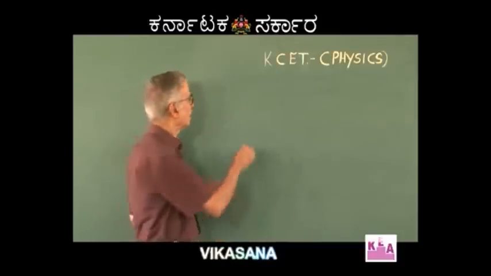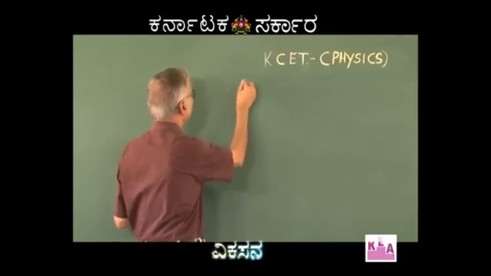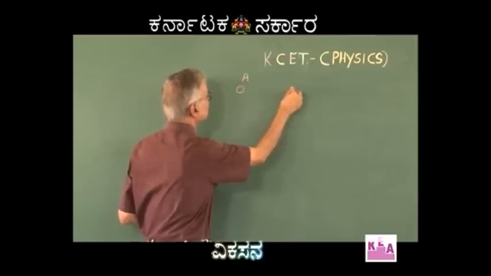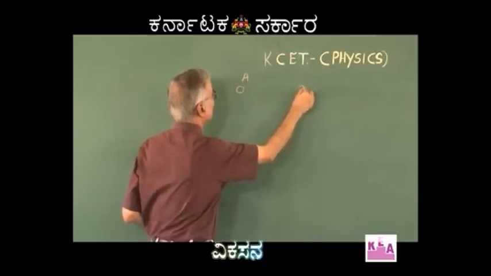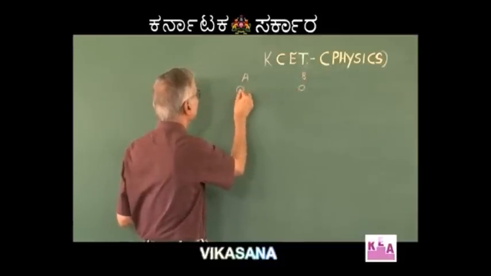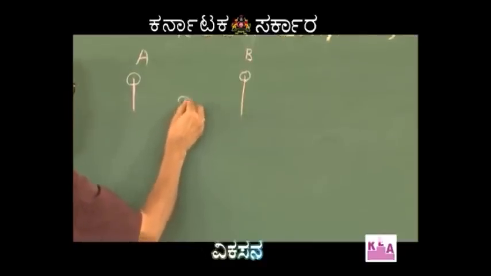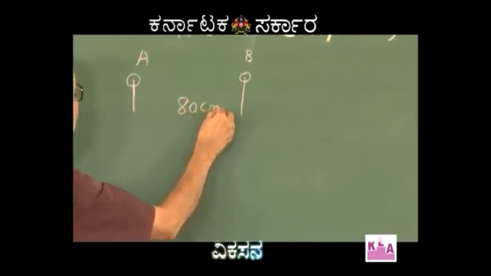Note, there are two spheres. One sphere is A and the other sphere is B. These two spheres are such that their centers are separated by a distance of 80 centimeter.